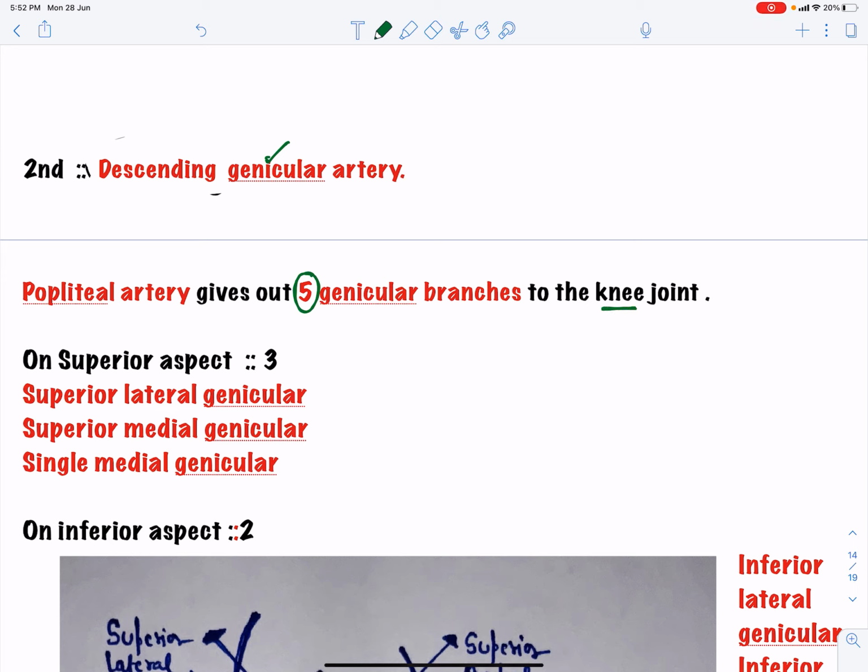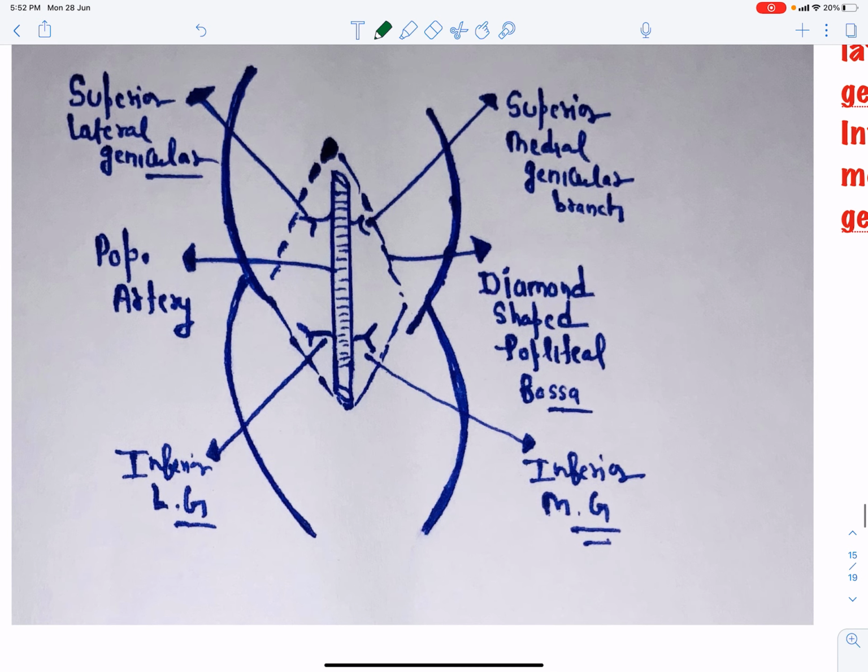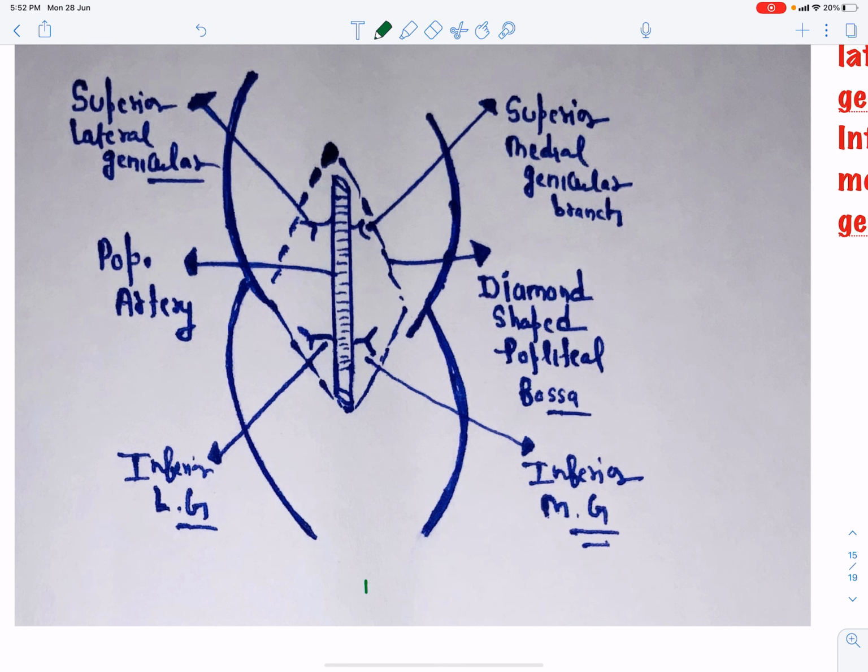What are these 5 genicular branches? 3 are present in the superior aspect, 2 are present in the inferior aspect. So see this side here. This is our posterior view. Here we have our diamond shaped popliteal fossa, and in the popliteal fossa we have the popliteal artery.